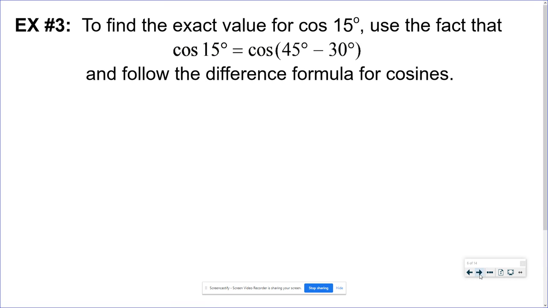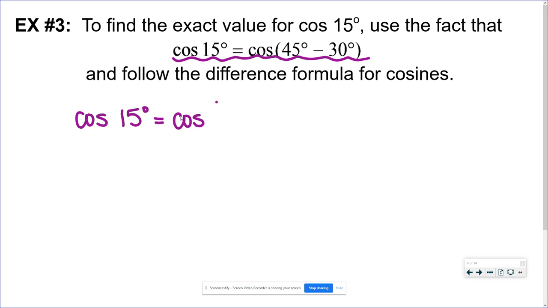All right, let's use these formulas in a different way. So it says find the exact value for cos of 15 degrees. Okay, that is not a unit circle value. Now they're giving us a hint right here. And they're saying, hey, guess what? Cos of 15 is the same as 45 minus 30.